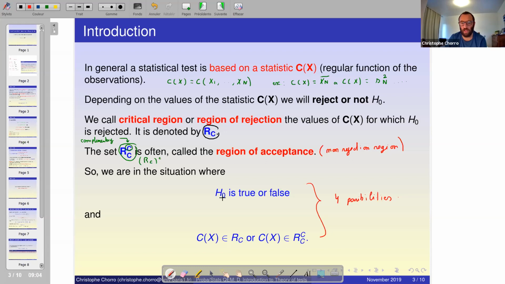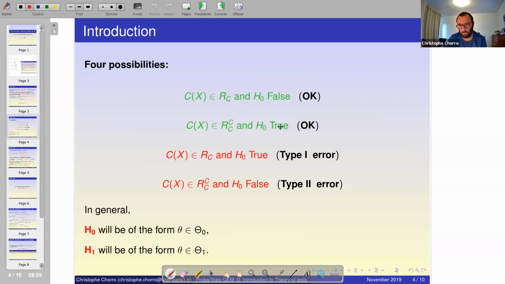The case where H0 is true and the value of my statistic doesn't belong to the rejection region, and so on. In this way, I have four possibilities, depending whether or not my H0 is true and whether or not C of X belongs to the critical region. So we are going to detail them a little.